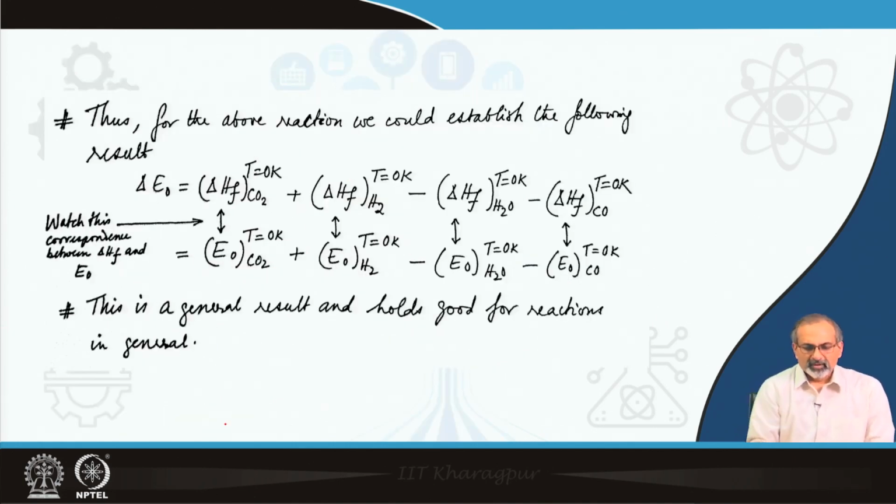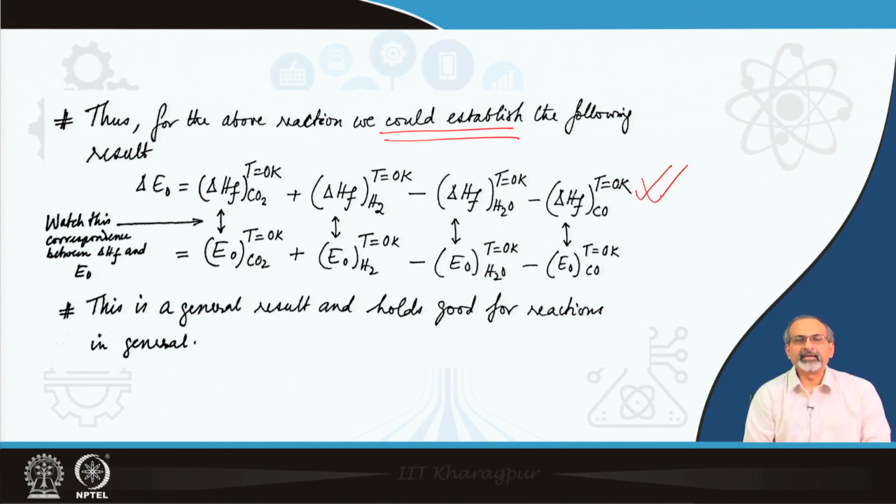So, we could establish what we set out to show, that is delta E naught on one hand is the difference between the heat of formation of products and reactants, and at the same time it is the difference between the 0 point energy of the products and reactants.